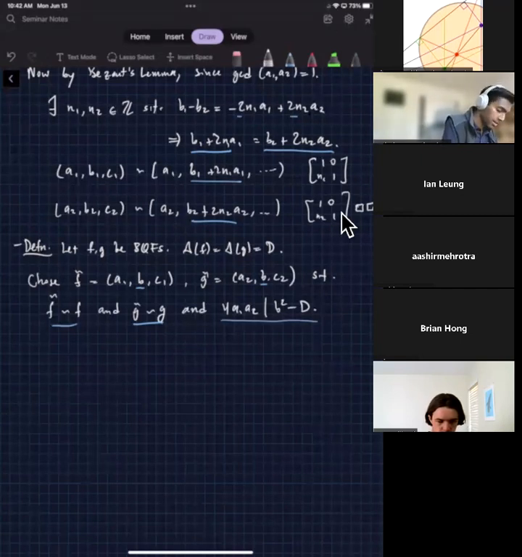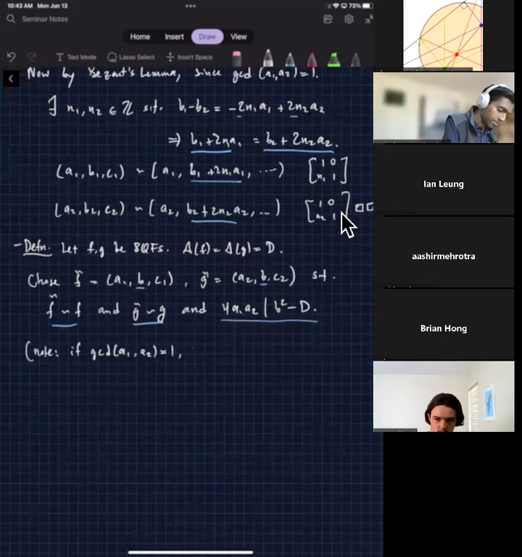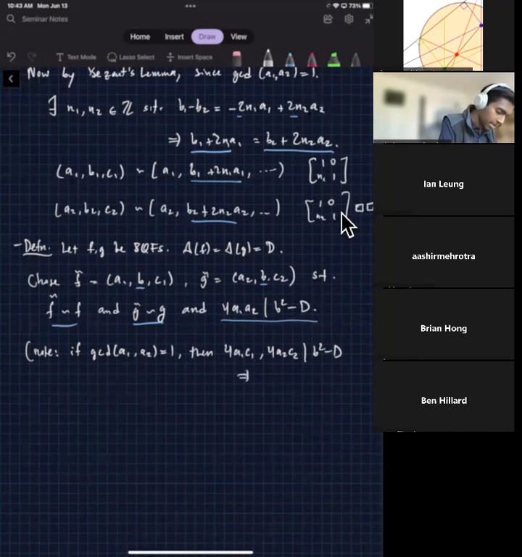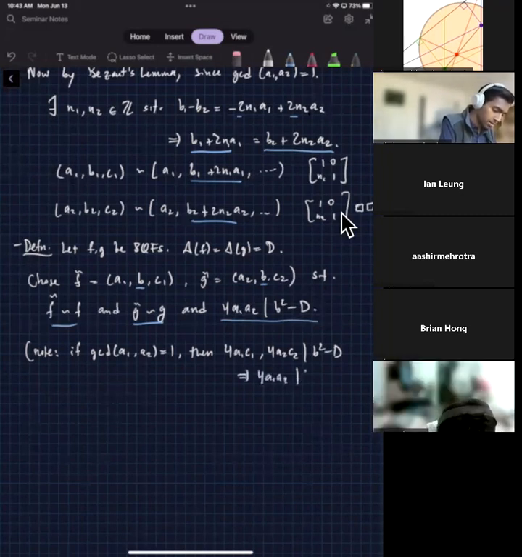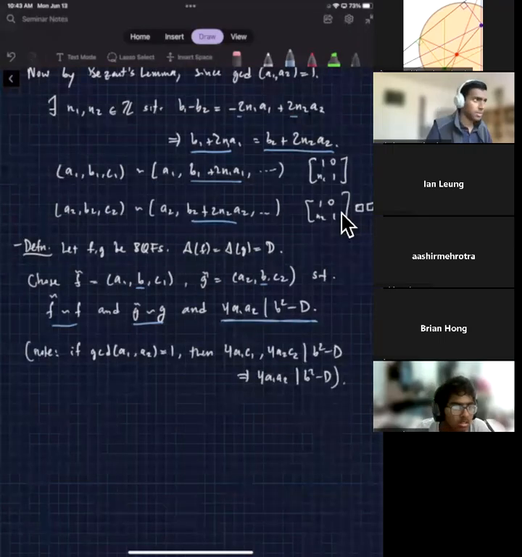Well, note that if the GCD of A1 and A2 is equal to 1, and remember by the proposition, we could arrange for the GCD to be 1, then 4A1C1 and 4A2C2 both divide B squared minus D. But because the GCD of A1 and A2 is 1, that implies that 4A1A2 divides B squared minus D. So even though this condition looks funny, we can always arrange for that to be true by the previous proposition.